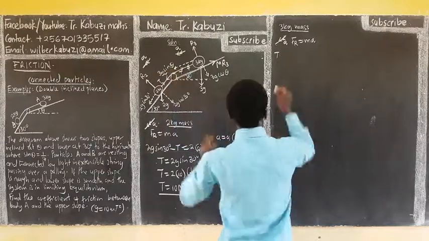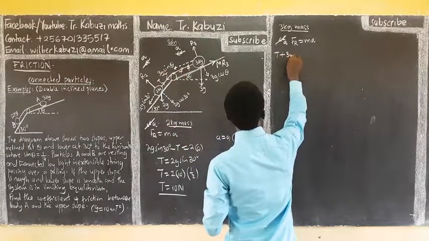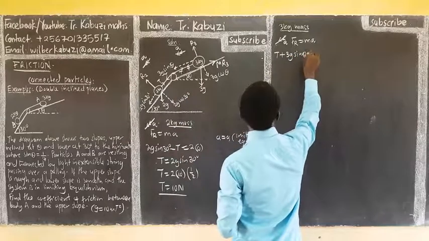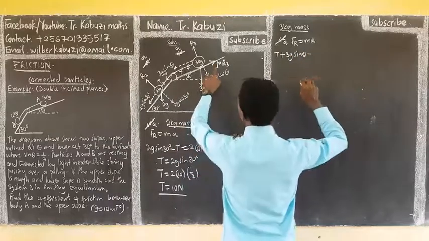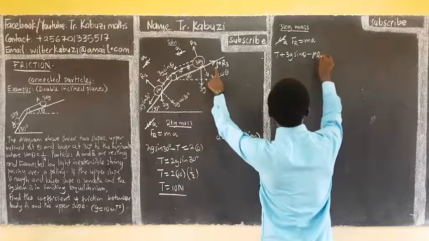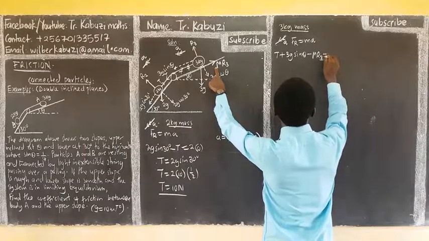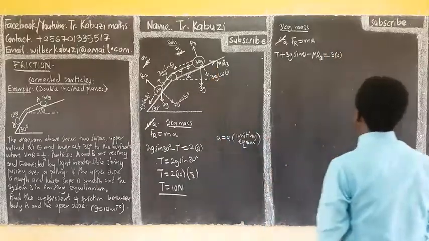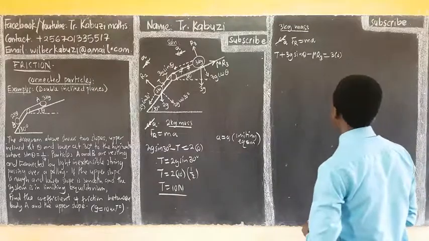So plus 3g, then this one is going to be sine theta. Then minus, there is a force opposing, which is going to be mu R3. It will be equal to the mass, which is 3, times the acceleration, which is 0. But what is my R3?